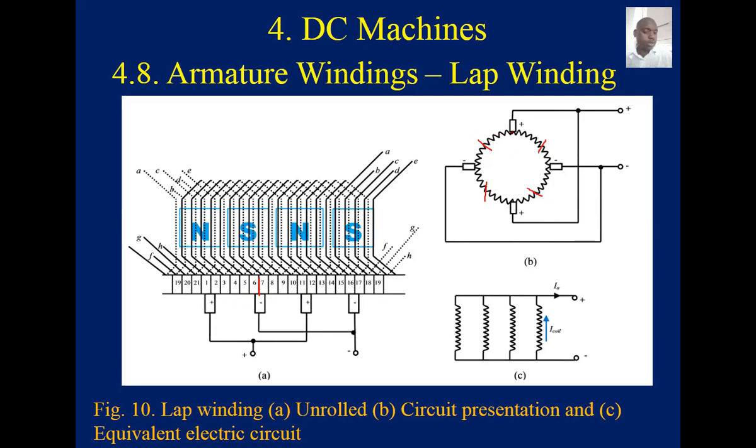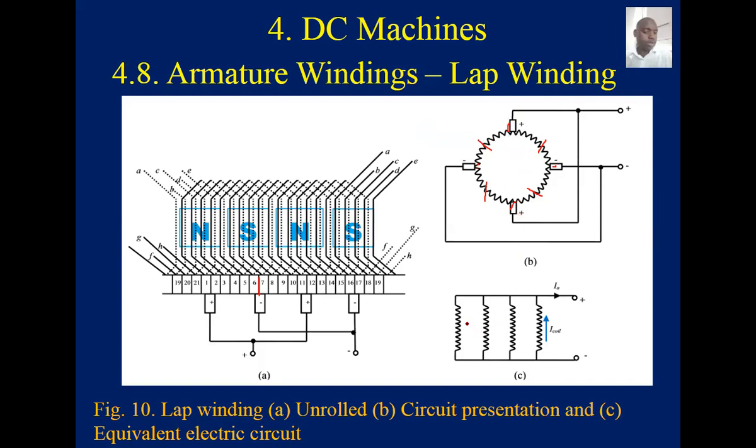And they will all be arranged in series in a complete loop, but such that the sides of the coils which make negative polarity will be connected together, and the sides which make positive polarity will be connected together, right?